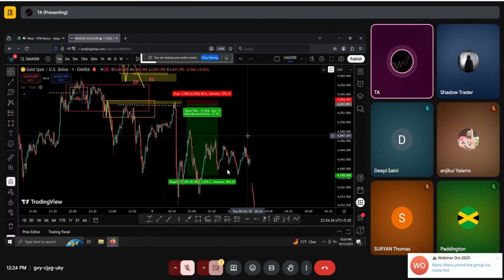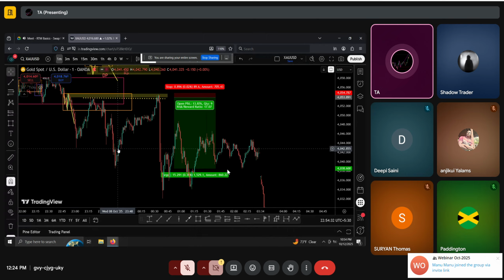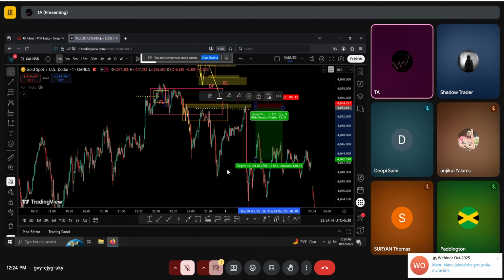So this is a 1 to 17 risk reward trade, or at least it can be to our origin. We will study the origin and origin FL and RSFL in future. At least it can be till here, so this is a 1 to 12 trade, right?